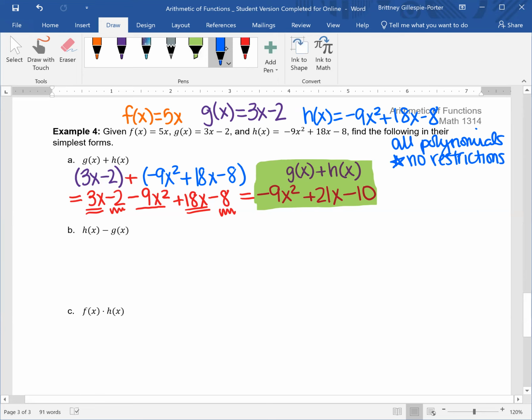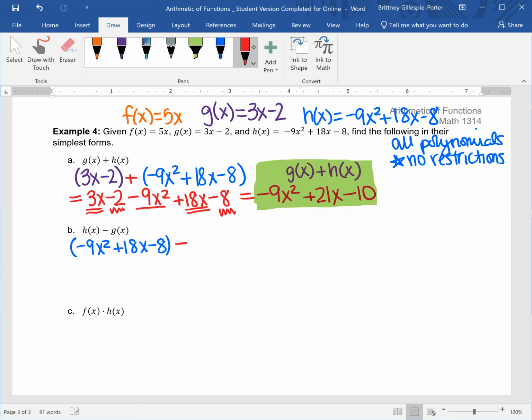In our next one, we have h of x, which is my blue function. And I need to subtract my g of x, which is my purple function. This time, I can't just drop the parentheses because I'm going to need to distribute that negative through g of x to each term in g of x.